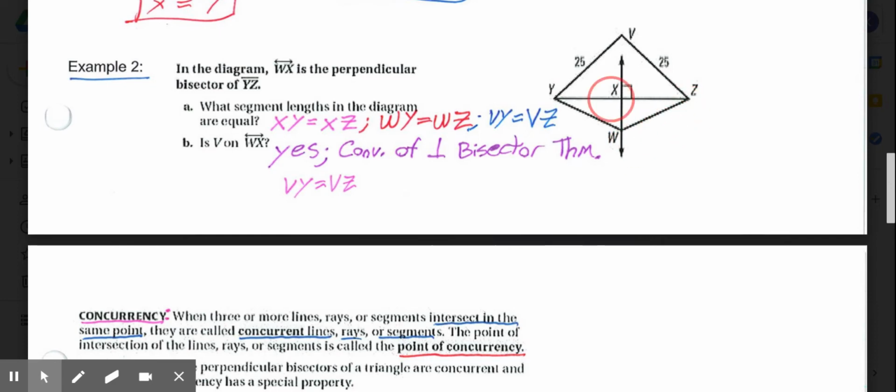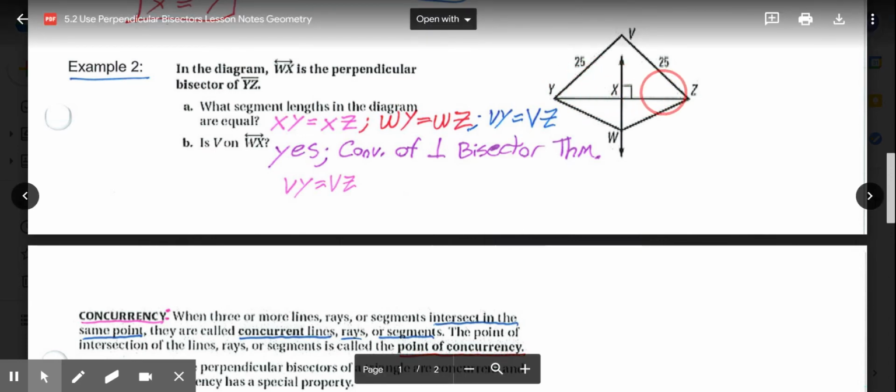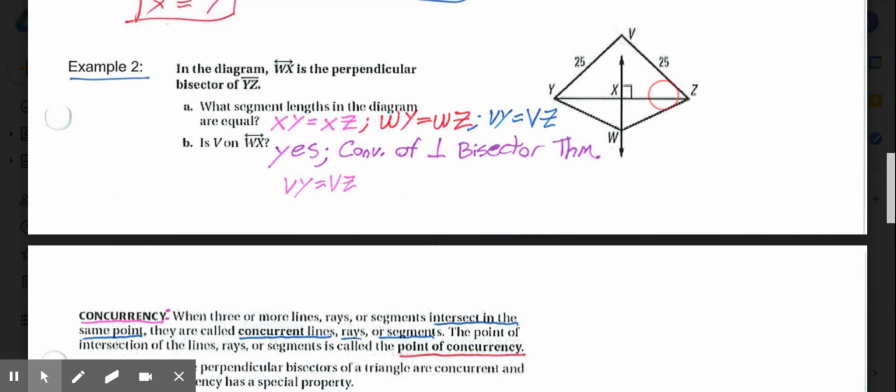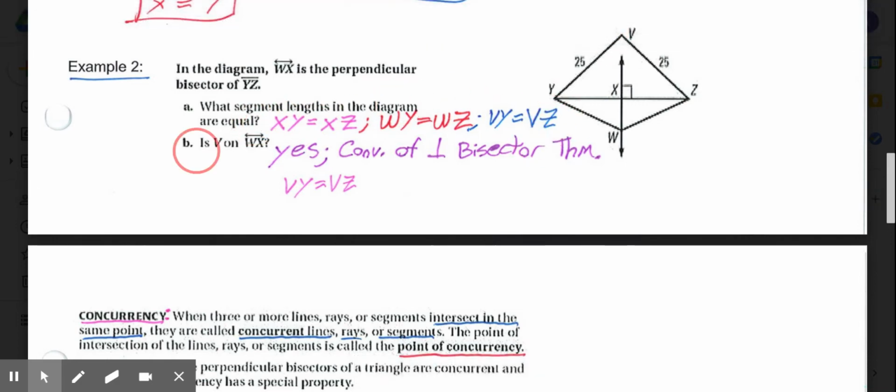We also know XY, because X is the midpoint, is equal to XZ. And then by looking at the diagram, this is 25 and this is 25. So we know VY is equal to VZ. So these three parts.